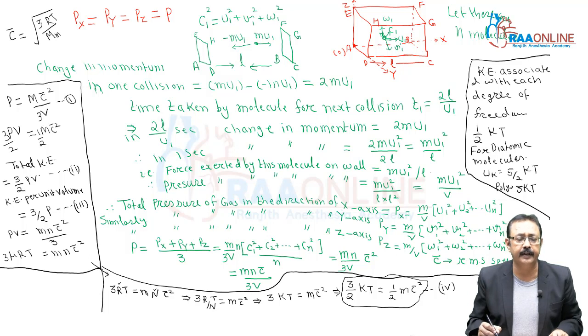If we are taking 1 mole, mu is the molecular mass, so we will get 3 by 2 RT is equal to the kinetic energy of 1 mole of gas, half M C bar square.